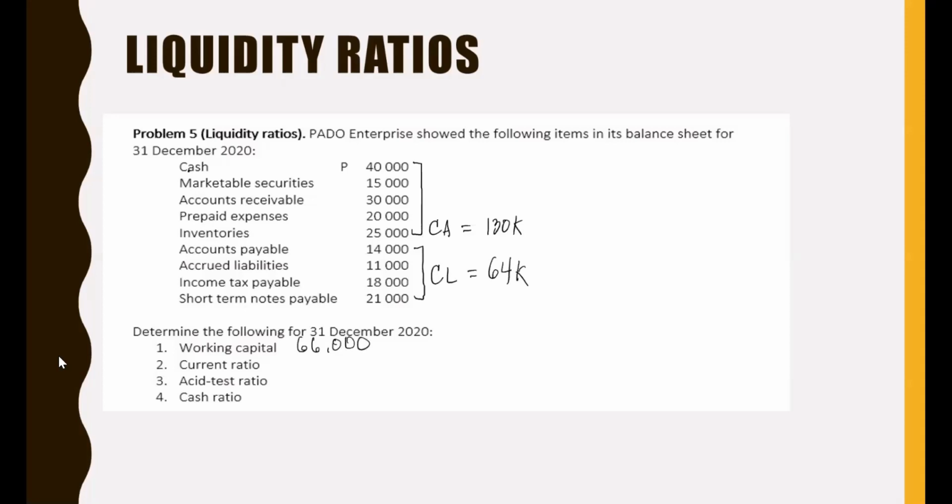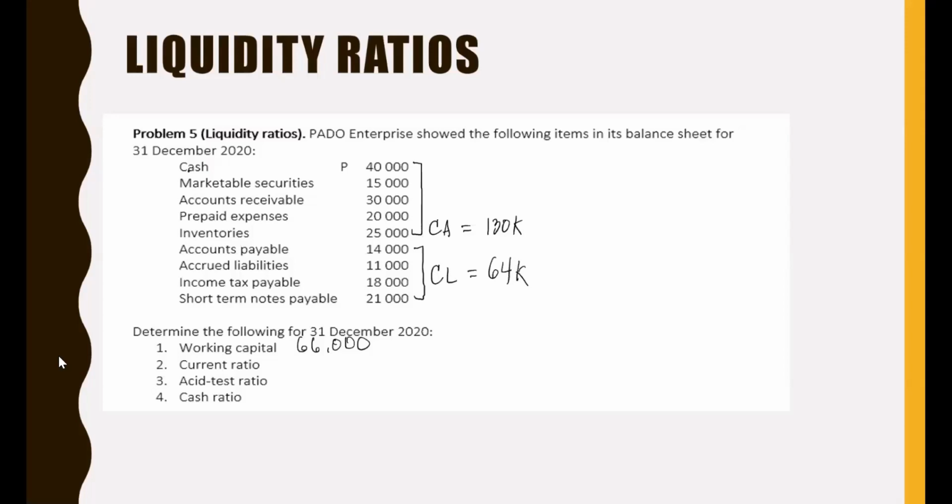Okay. So is this working capital a good measure of the company's liquidity? Actually, we have a problem with working capital alone. This working capital alone is not effective in determining whether the company is liquid or not.